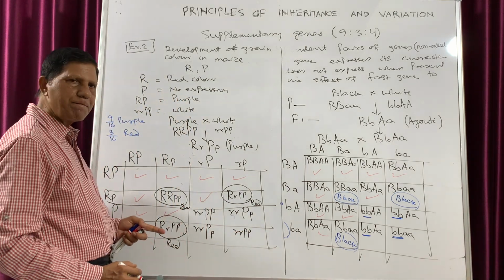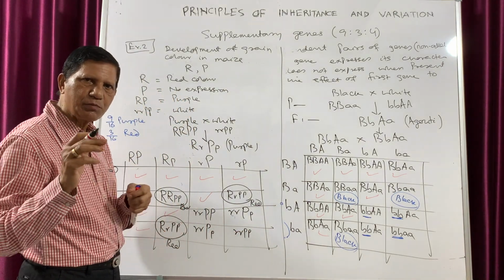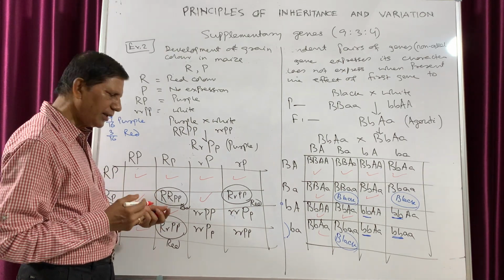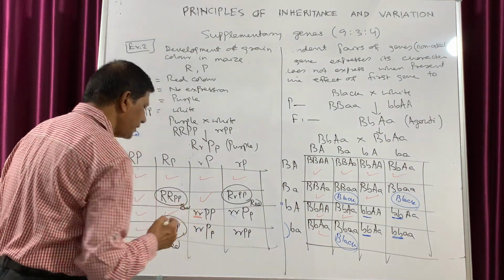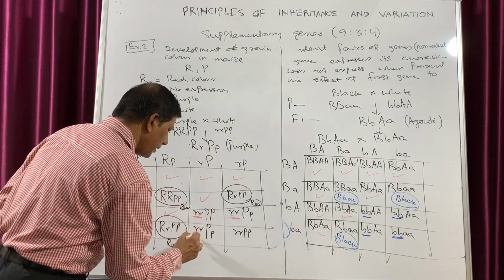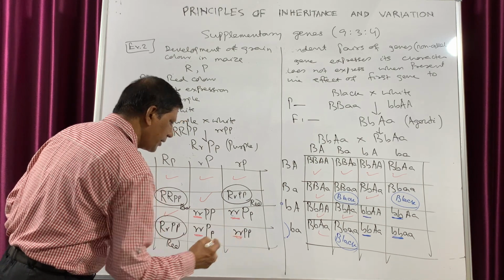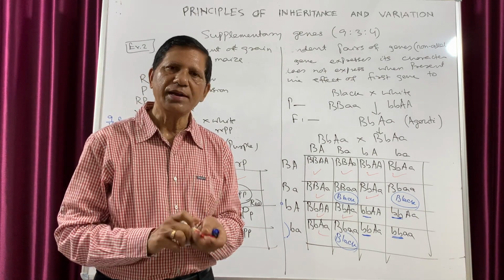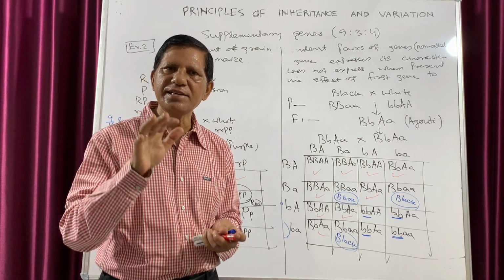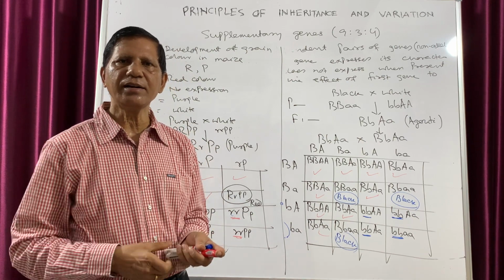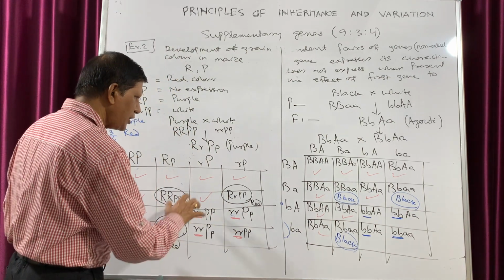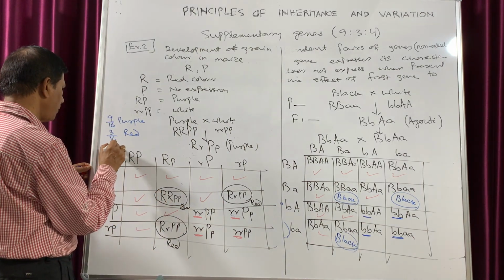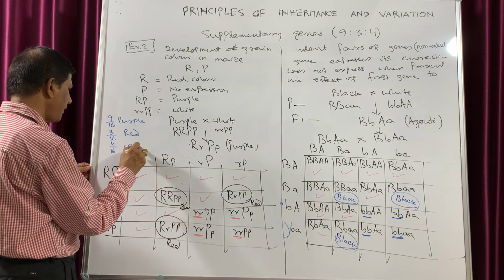And again you see the dominant gene R, which is responsible for production of the purple color, is present in lowercase. So here you see smaller, here smaller, here smaller, here smaller. That means in these 4 cases, the gene R is present in the lowercase. It is present in the recessive form, and it cannot express its character. That is why at these 4 places, the color will be white. That means 4 by 16 will be white.